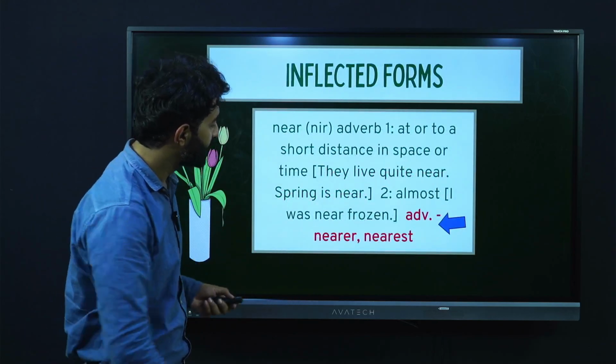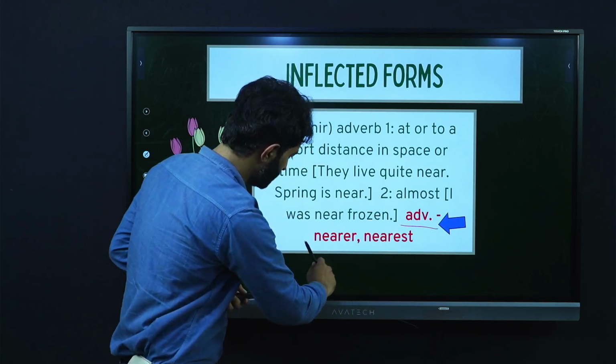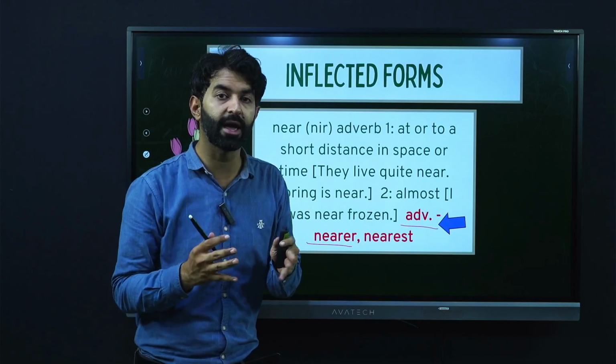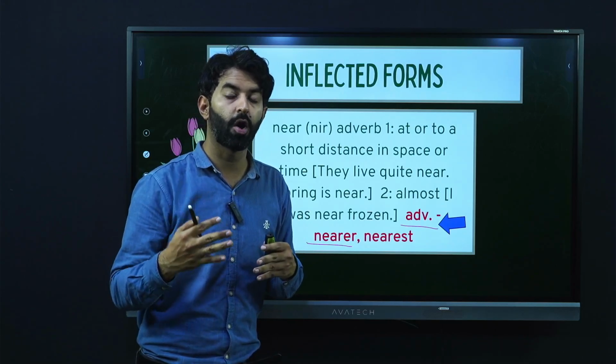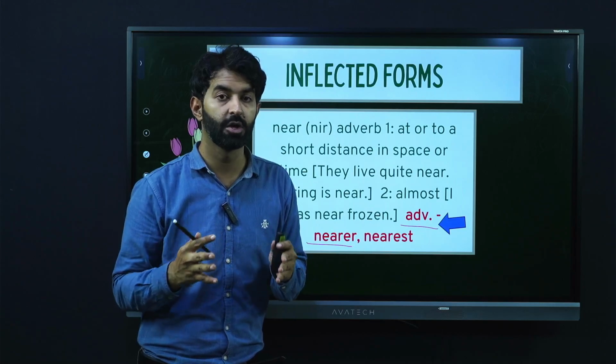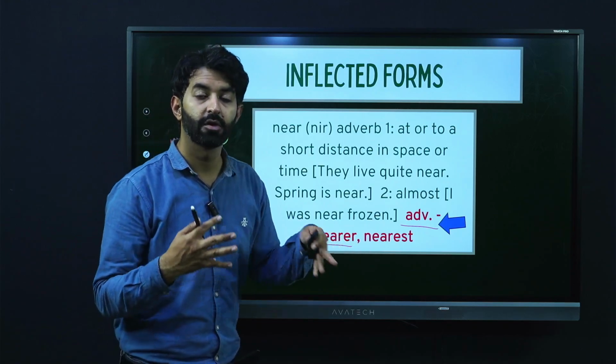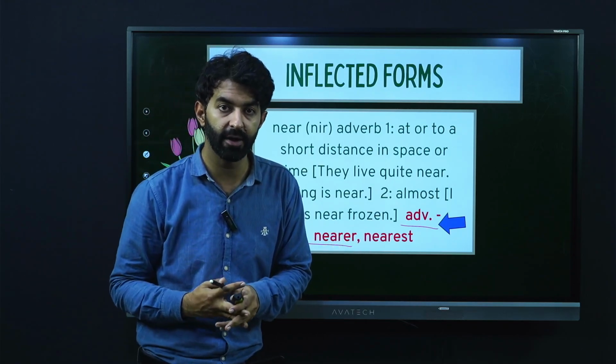And here you can see that there are other forms of the same word, like the word near can also be in the form of nearer and nearest. So you can get the comparative and superlative degree of the word as well.